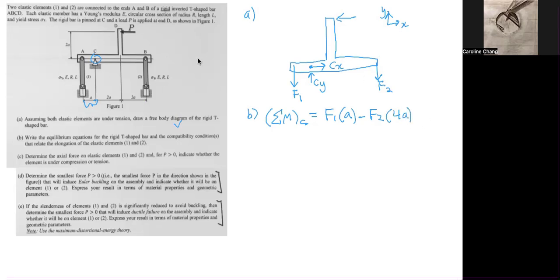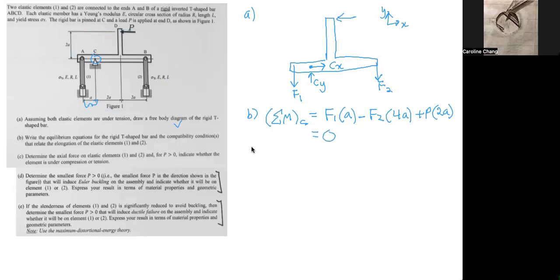And then P will also apply a moment around C, and that distance is 2A. So thus we have plus P times 2A, since P causes a counterclockwise rotation about C, and thus the moment here is positive. And the sum of the moments around C, of course, must be equal to 0, since this whole shape is under static equilibrium.